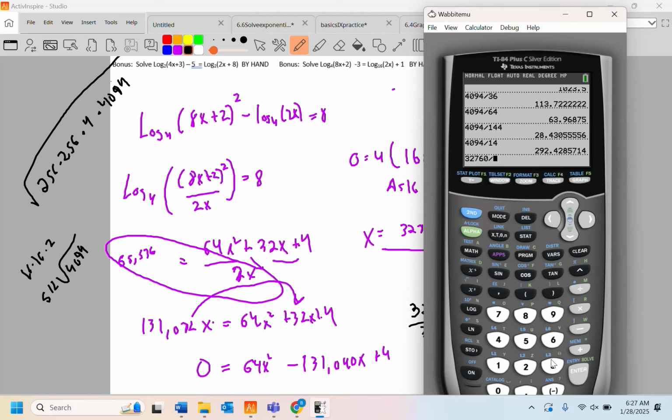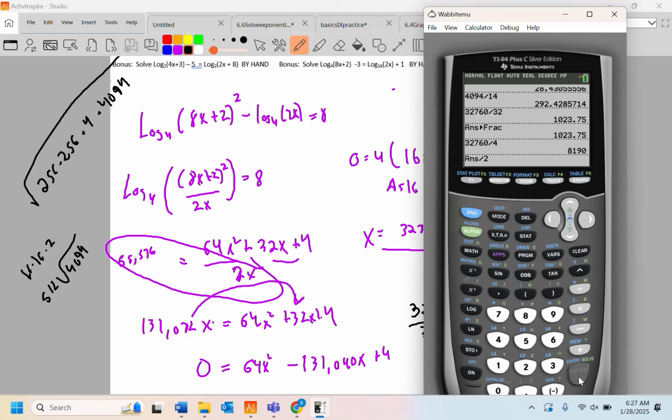32,760 divided by 32. Doesn't happen, but probably a reducible fraction. 32,760, is it divisible by 4? 8,190 over 8.